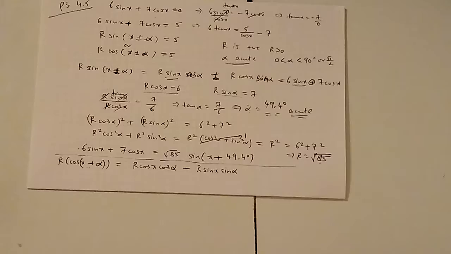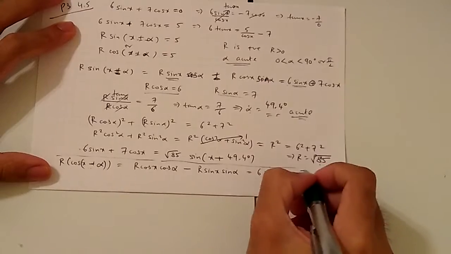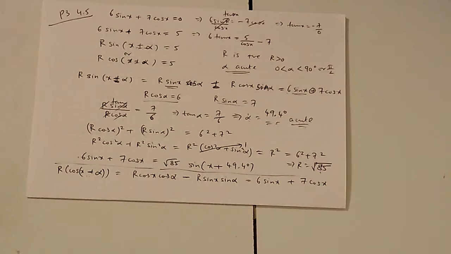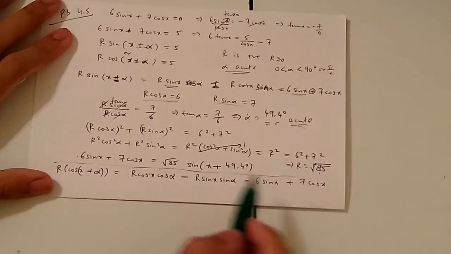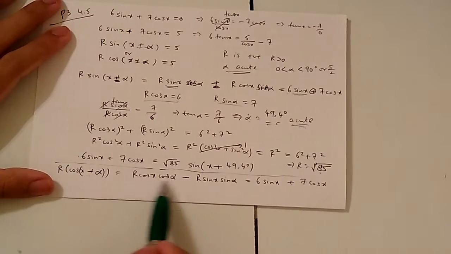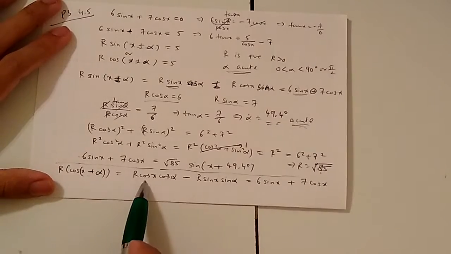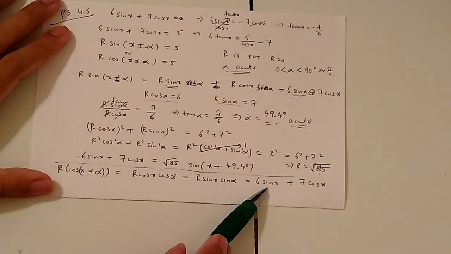Now let's compare this to our form. The form that we have is 6 sine x plus 7 cos x. Now we do have some issues over here. First of all, notice that the first term over here has cos x, while here the first term actually has sine x.